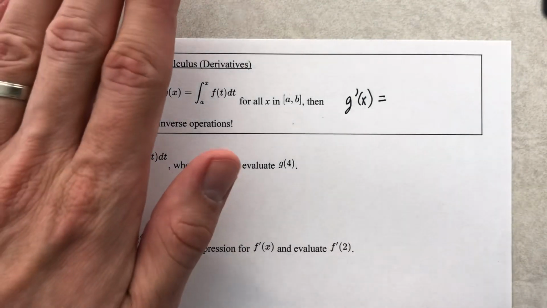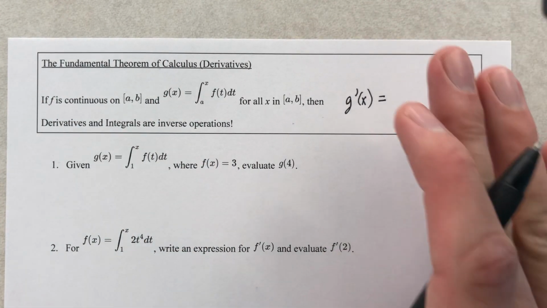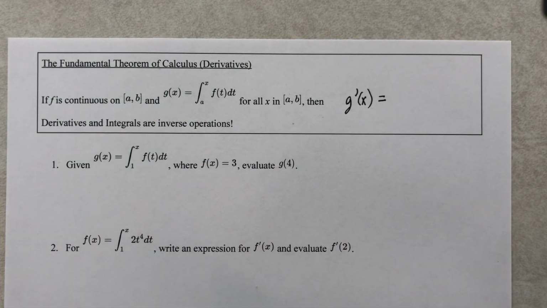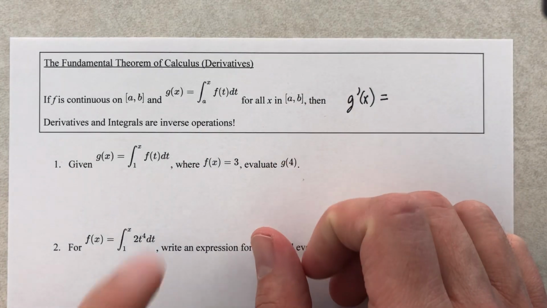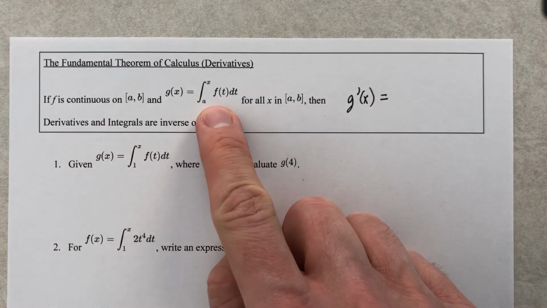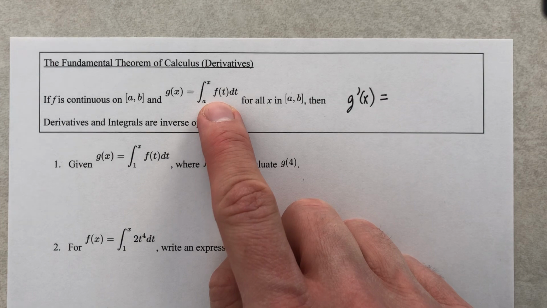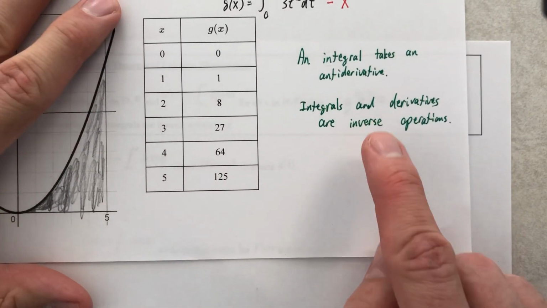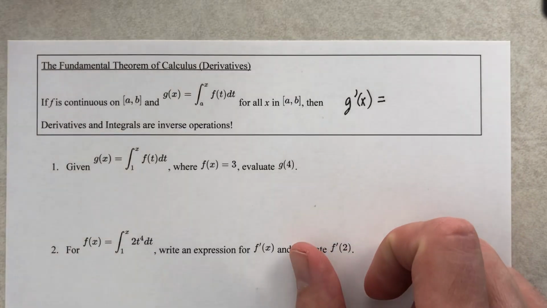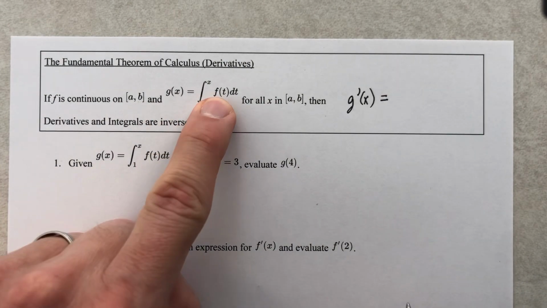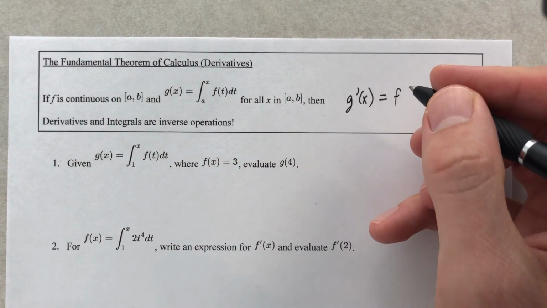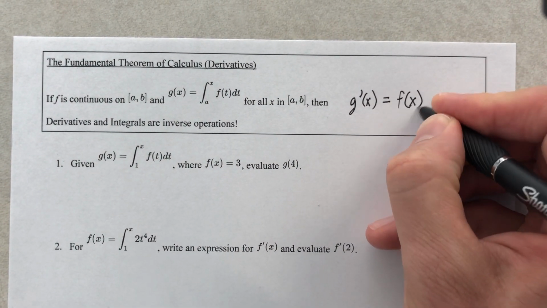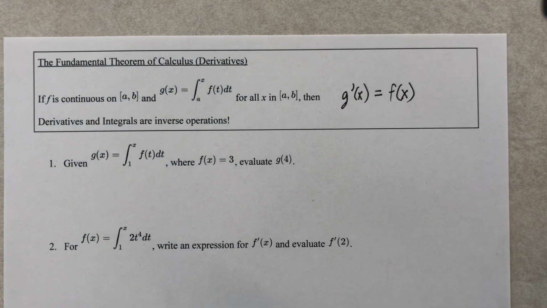Okay, whatever you do to one side, you do to the other. You learned it in middle school. Whatever you do, you add 3 to one side, add 3 to the other. Take the derivative of the left, take the derivative of the right. The derivative of an integral, they're inverse operations. So I get what I had to start with. Why is it an x and not a t?